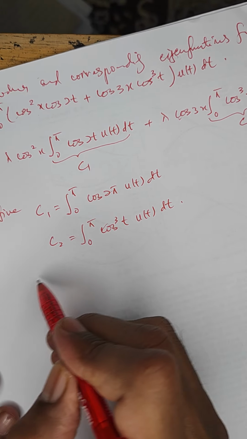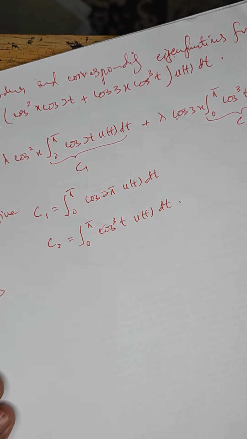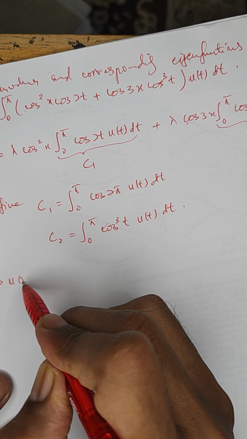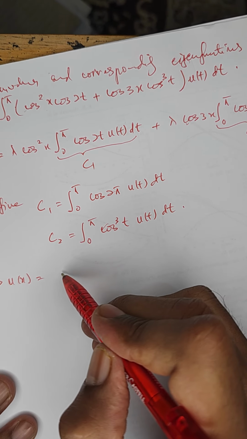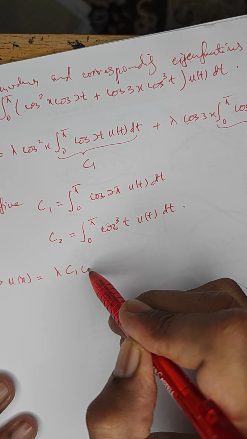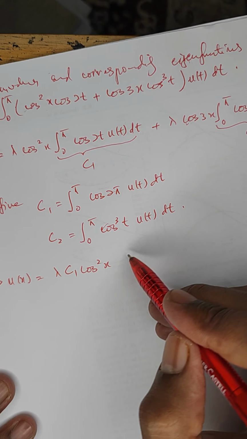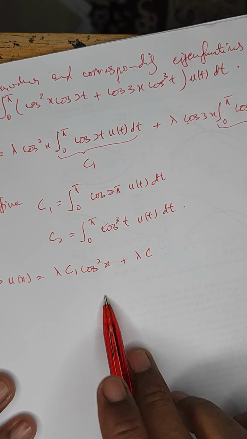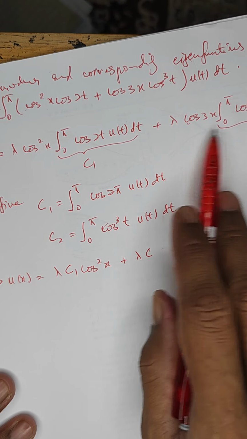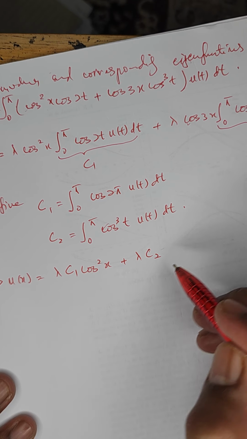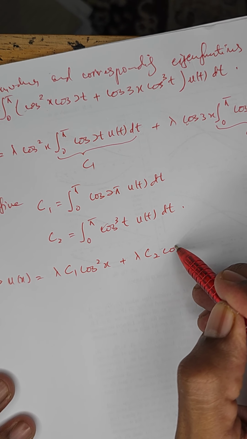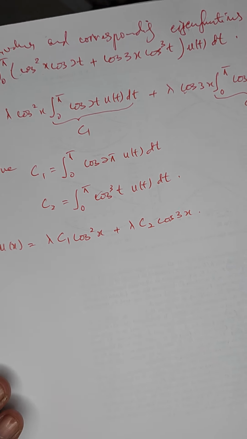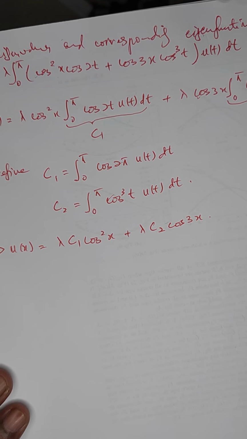Then therefore our ux is lambda c1 cos squared x plus lambda c2 cos 3x.